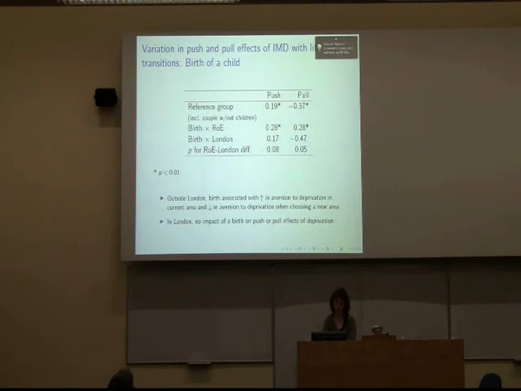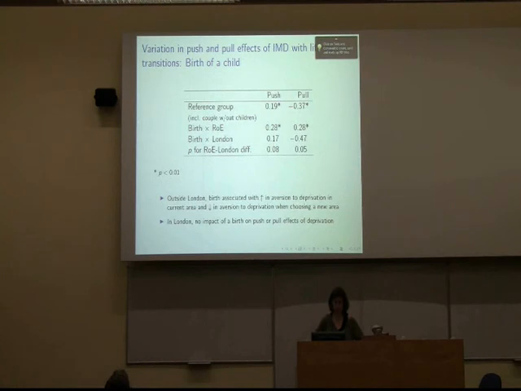And in terms of push effects, there's no difference between London and the rest of England, but there is some difference between the pull effects. Okay, and I've just summarised what those coefficients tell us at the bottom. So outside London, a birth is associated with an increase in aversion to deprivation in the current area, but also a decrease in aversion to deprivation when choosing a new area.